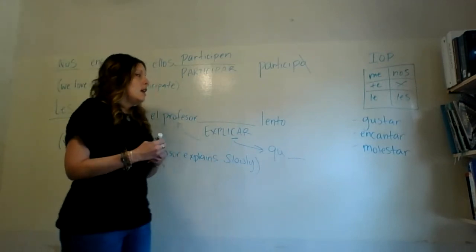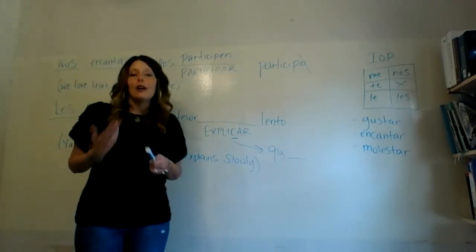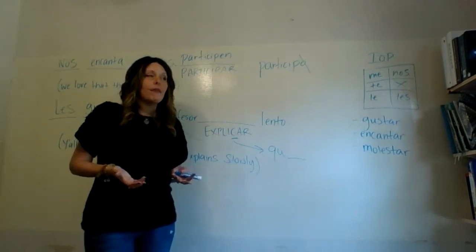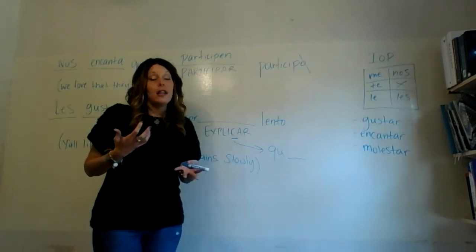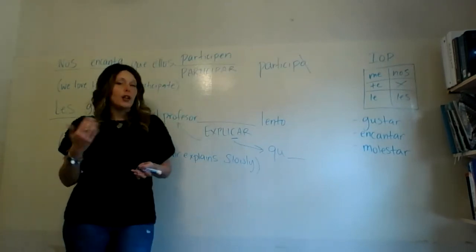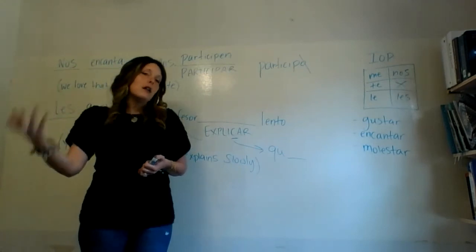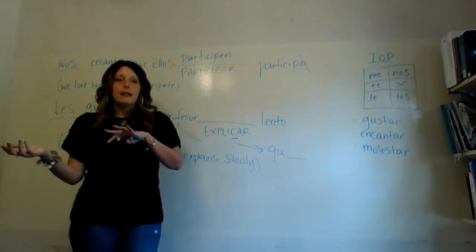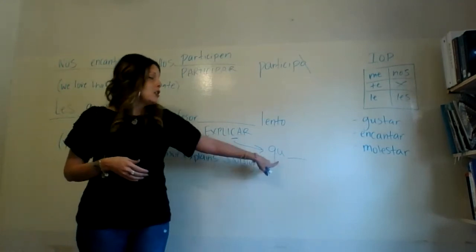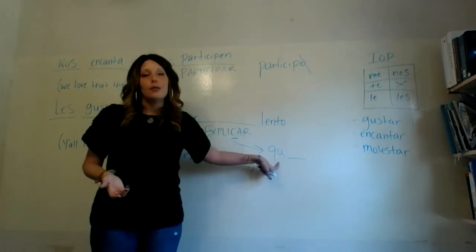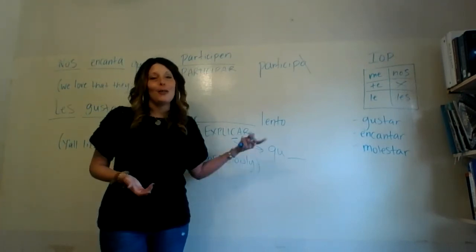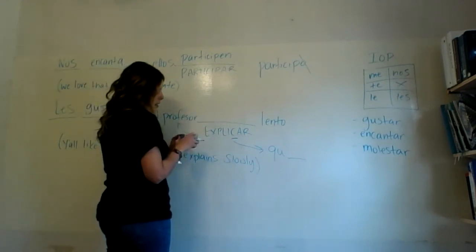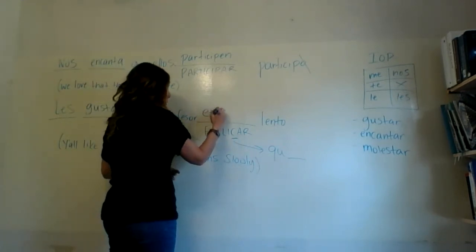We would take it to the yo conjugation of the present tense. We would get explico, still with the C. Then we could either just change the C to a QU right then and then add subjunctive endings, or we could choose to add the subjunctive endings and then get rid of the C and change it to a QU. Whatever way you choose to go about it is absolutely fine as long as you get to the right answer in the end. So in order to make this sentence correct, we will have this.